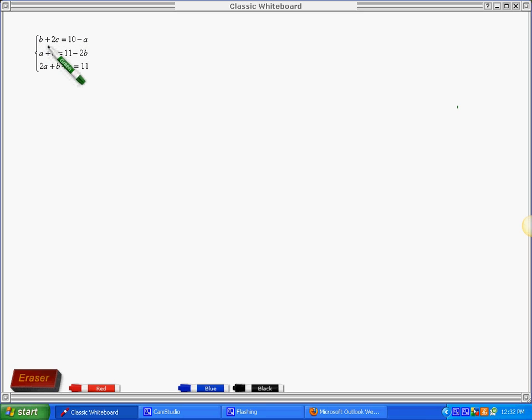So for example, if you take equation 1 here and add a to both sides, the a is no longer on the right hand side, it's now on the left hand side, and this equation becomes a plus b plus 2c equals 10.